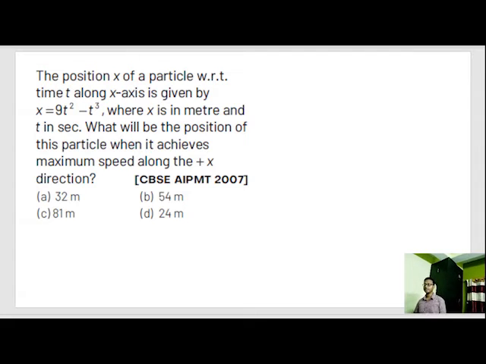The position x of a particle with respect to time along the x-axis is given by x equals 9t square minus t cube, where x is in meters and t is in seconds. What will be the position of this particle when it achieves a maximum speed along the plus x direction?